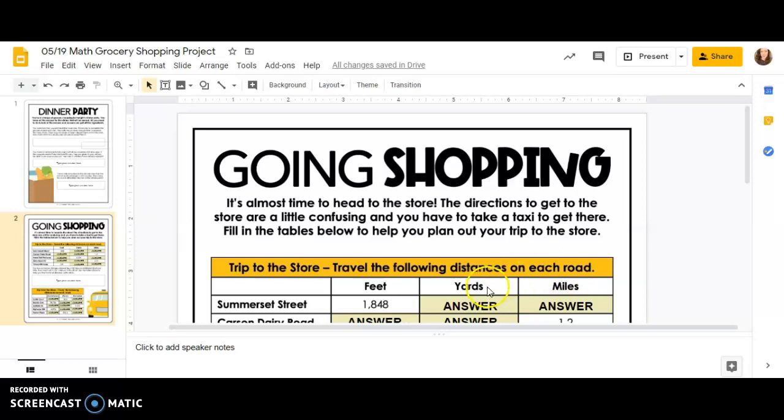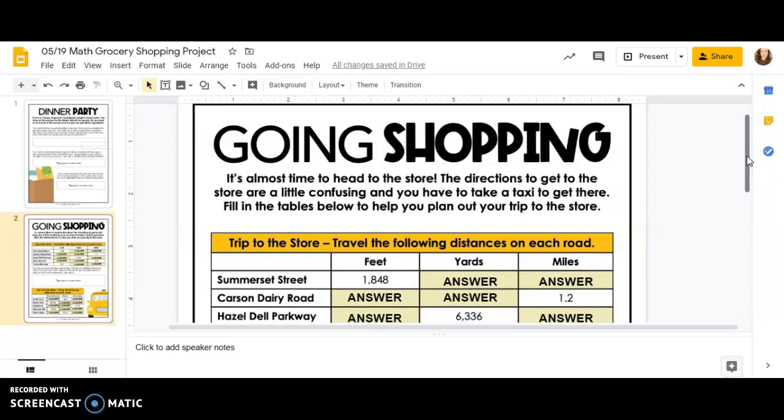Think of those yardsticks, or a meter stick, depending on what you call them. A yardstick, it's not very far you have to run, but 1 mile, that's some distance. And so to keep that in mind, if it's a longer measurement, then the number is going to be smaller, because this many feet is going to be whatever you get for the yards and whatever you get for the miles. Okay, so keep that in mind. Make sure you know what the equivalencies are, and then that way you can multiply or divide and figure that out.